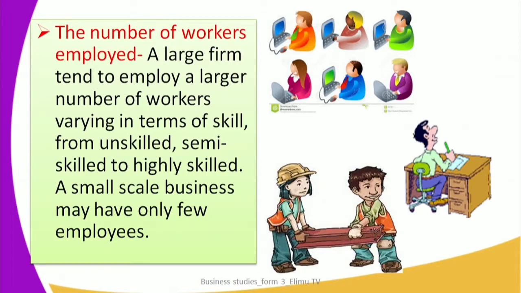However, you'll find that sometimes this may not apply because you may have a very large firm with very few employees. Reason being, maybe the firm is using what we call capital intensive methods of production. And when we talk of capital intensive methods of production, it's whereby most of the work is done by the machines.